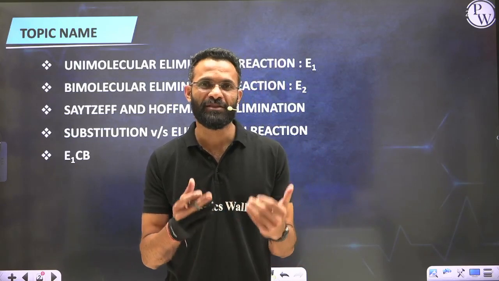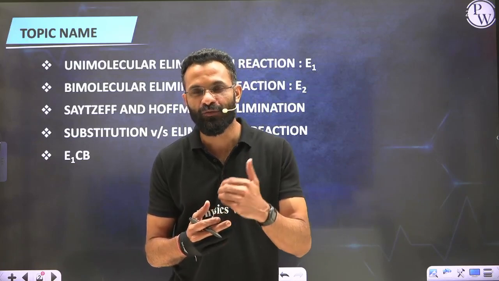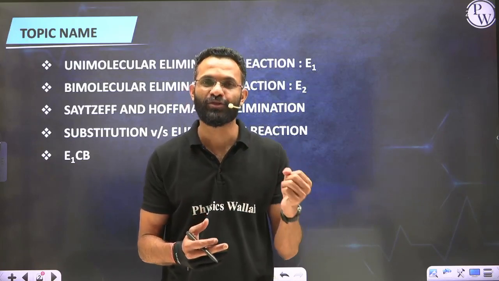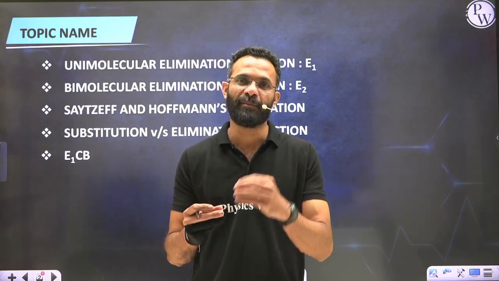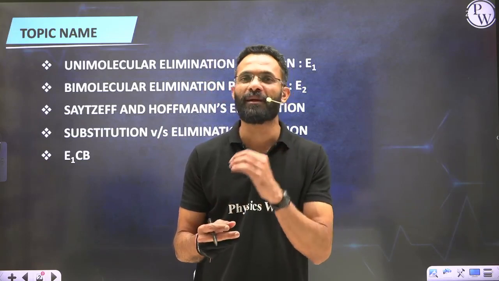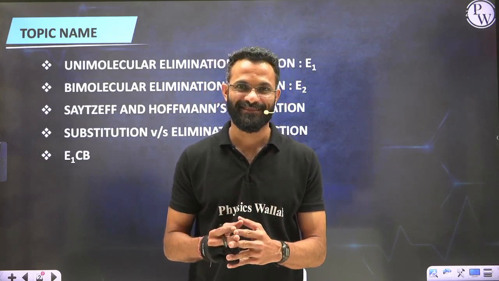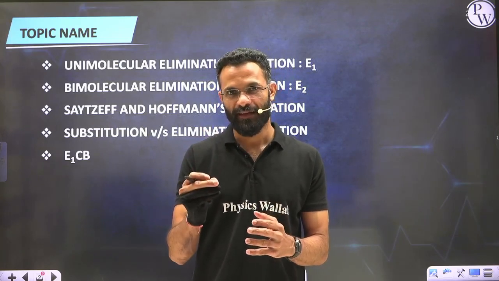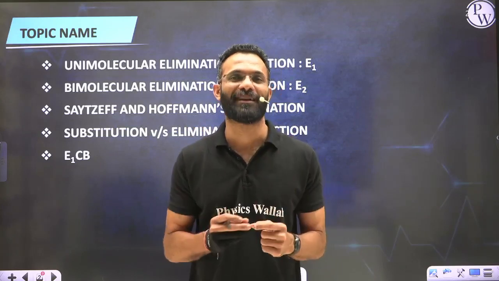As mentioned, in elimination reaction we remove the halogen atom as a leaving group and a hydrogen atom. If this hydrogen atom and halogen atom have been eliminated from the same carbon atom, we call it alpha elimination. But if removal of halogen atom and hydrogen atom takes place from adjacent carbon atoms, we call it beta elimination.